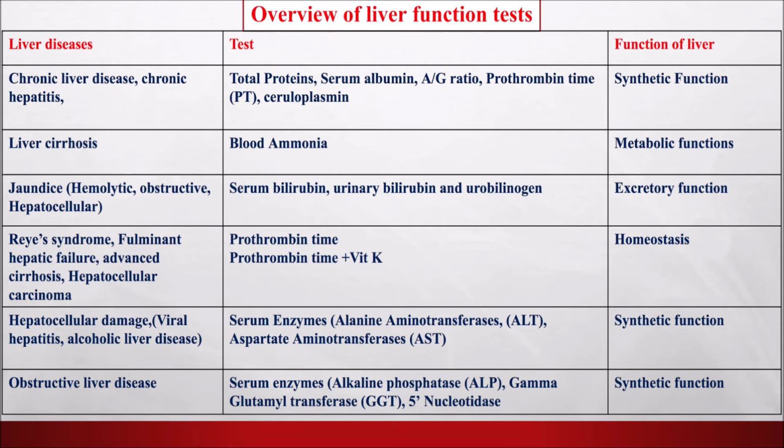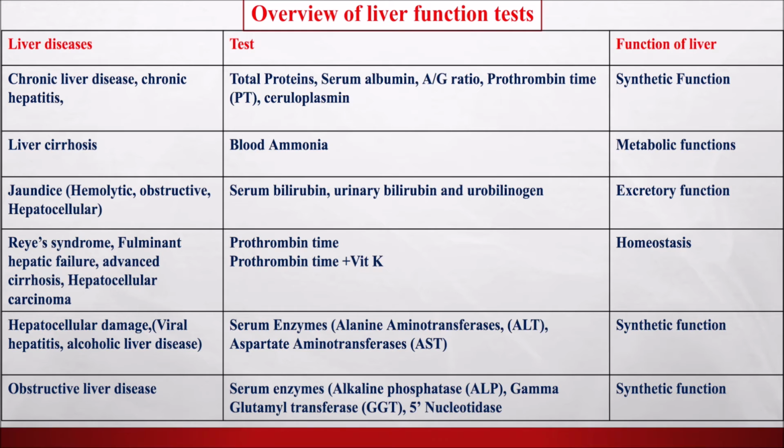So, what tests need to be done to analyze the excretory function of the liver? Jaundice can be an obstructive jaundice, or a hemolytic jaundice, or a hepatocellular jaundice. Under these conditions, the tests which are useful for diagnosing these liver diseases include the measurement of serum bilirubin levels, urine urobilinogen, urine bilirubin, and so on.